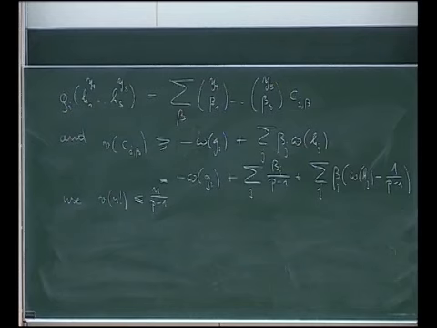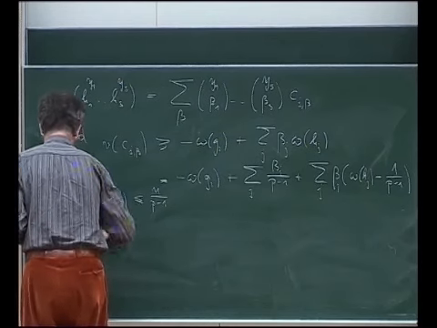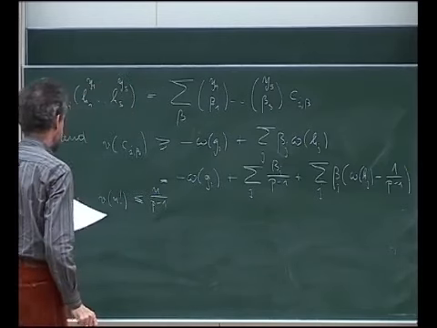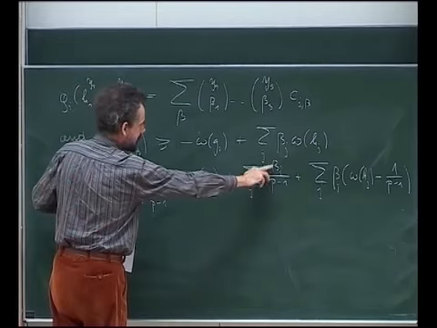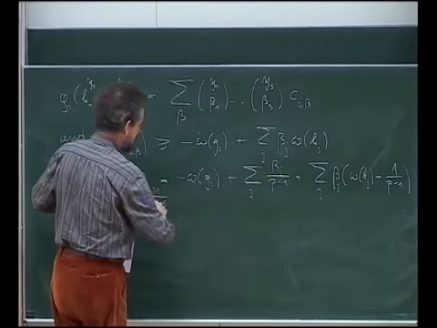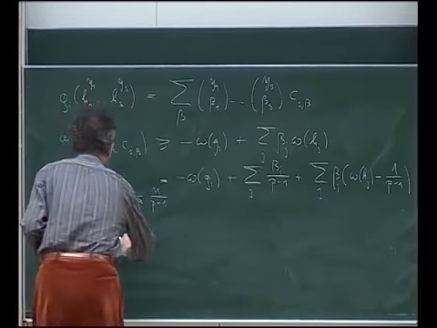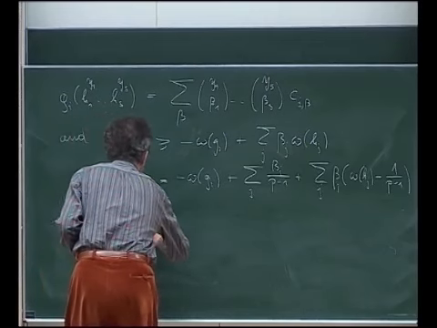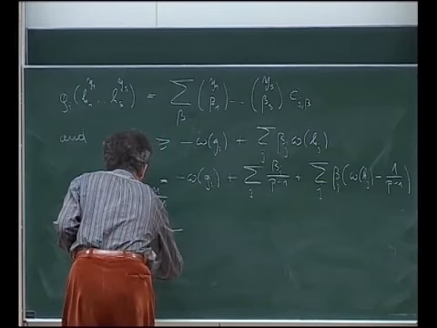Actually, I could write n minus 1, but then I have to exclude n equal to 0. So sometimes I will use it with n minus 1, and sometimes it's more convenient to relax it and use it for n. And hence, these are those bounds for beta j factorial.